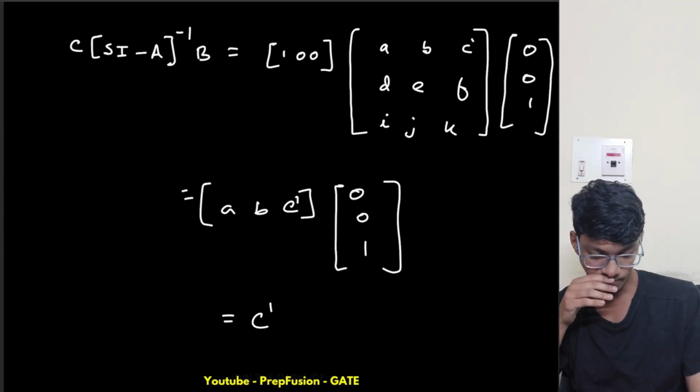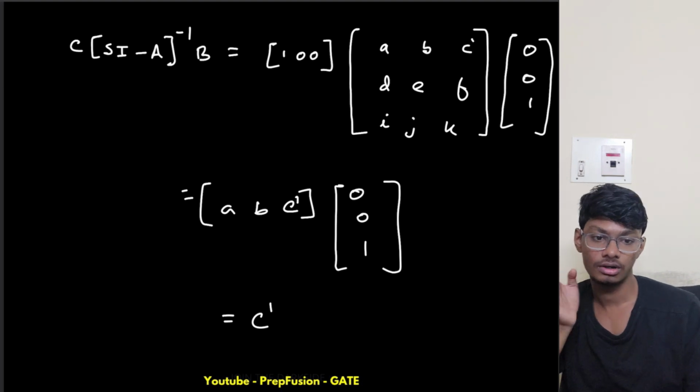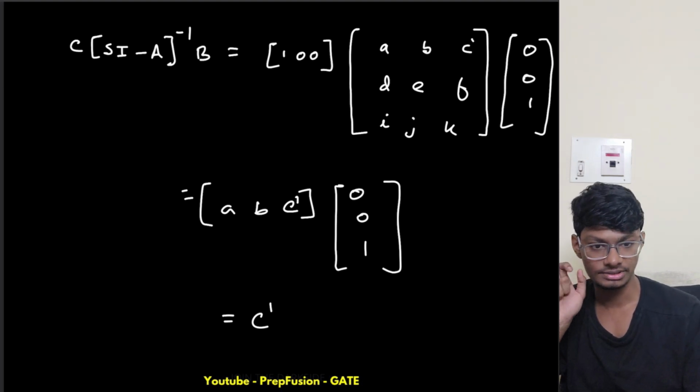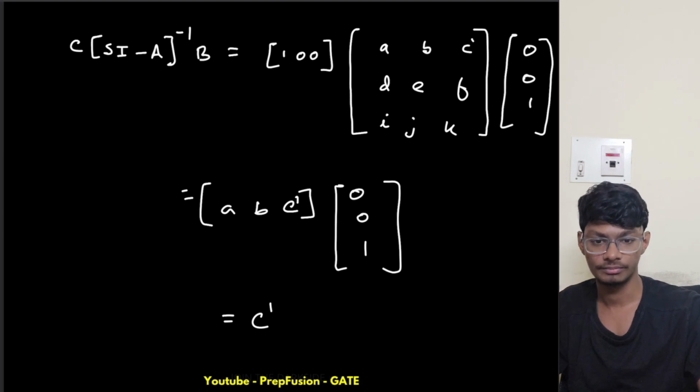Now I have to compute (sI minus A) inverse. How to compute that?